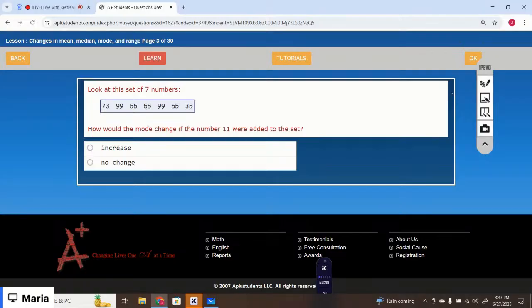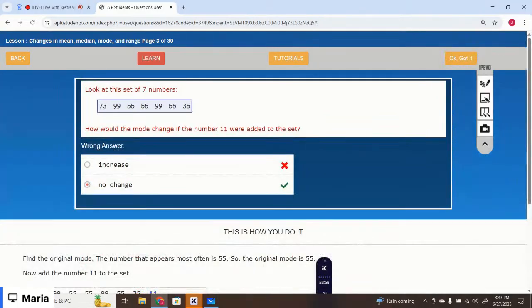If the number 11 is added to the set, the correct option is no change. Mode is the number that occurs the most. So if 11 is added to the set, it will still be 55, right?